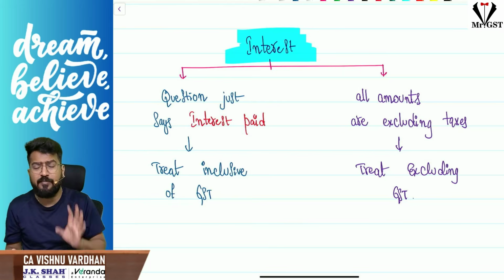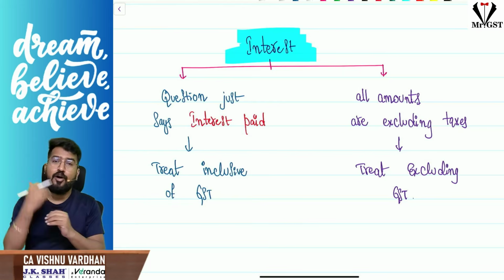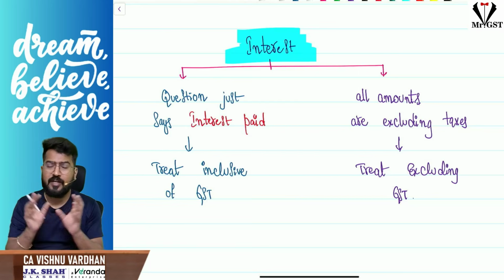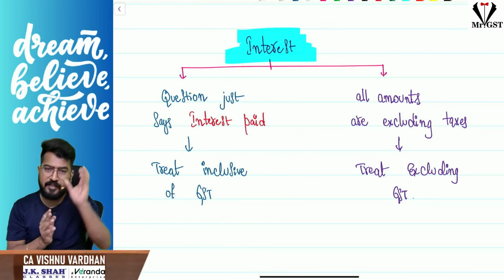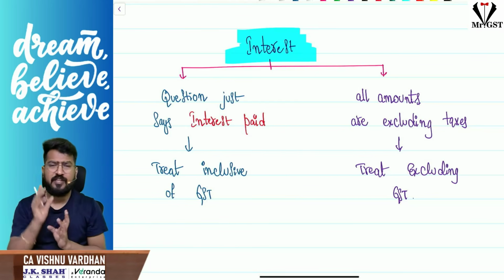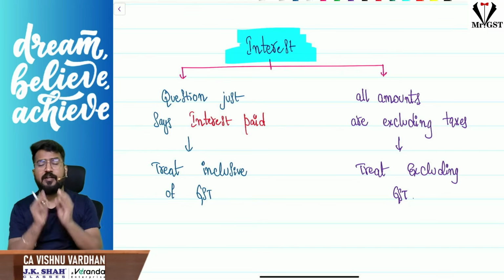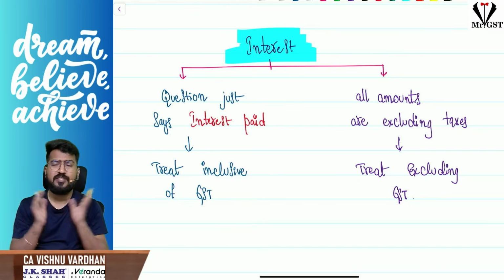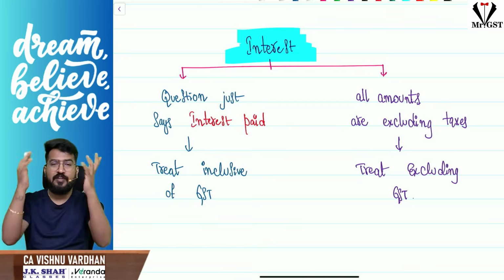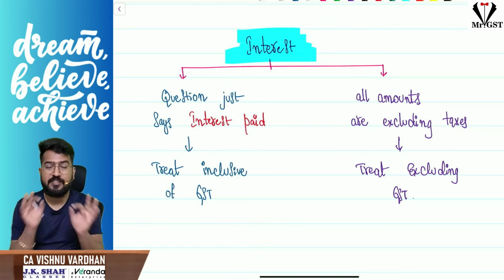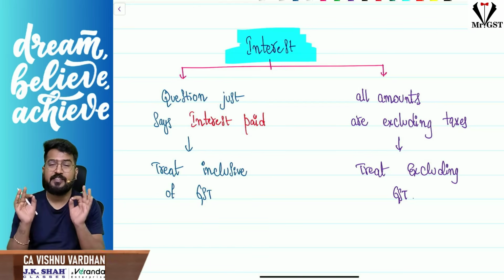Or they will clearly mention in the question somewhere in a corner that all the amounts mentioned above are excluding taxes. Somewhere in the table above they would have given interest 10,000, 20,000, 15,000, and somewhere at the bottom of the question they would have mentioned all the amounts given above are excluding taxes. Then you should take it as exclusive.